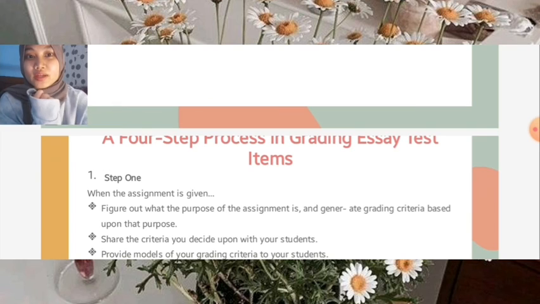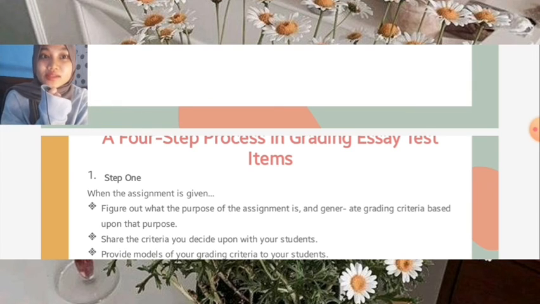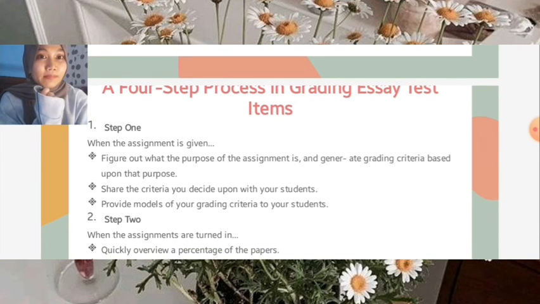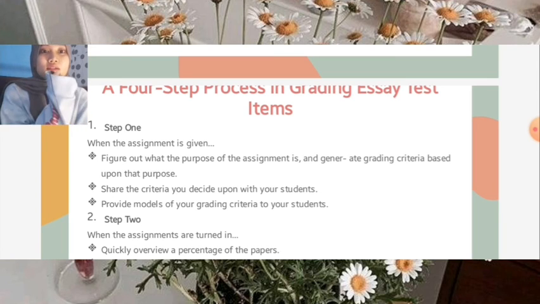The next point is a four-step process in grading essay test items. The first step, when the assessment is given, figure out what the purpose of the assessment is. Share the criteria you decide upon with your students. And then provide models of your grading criteria to your students.